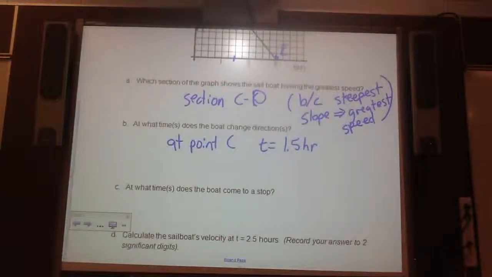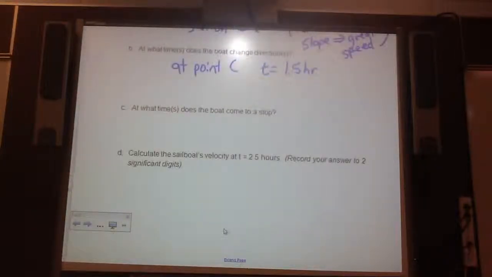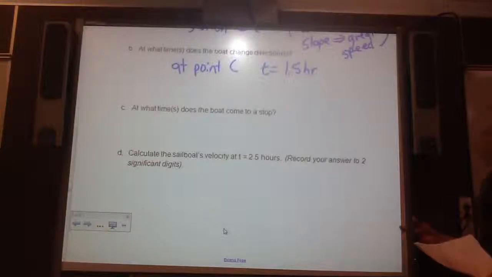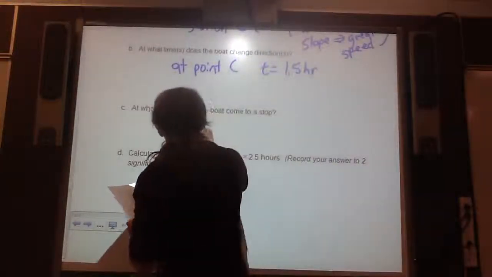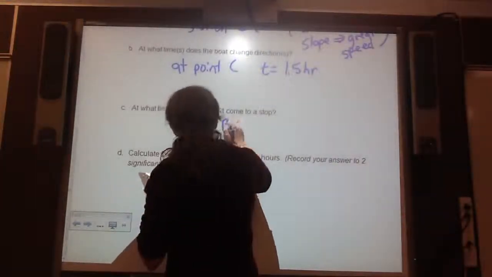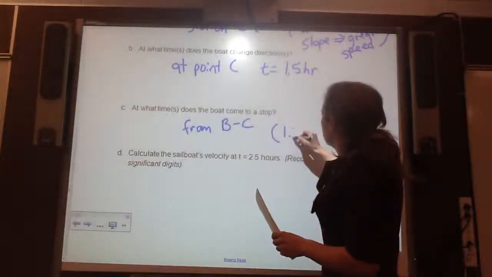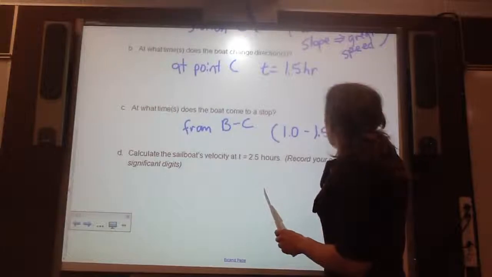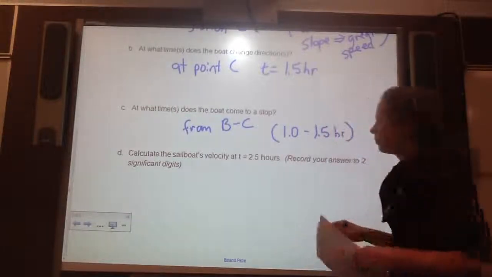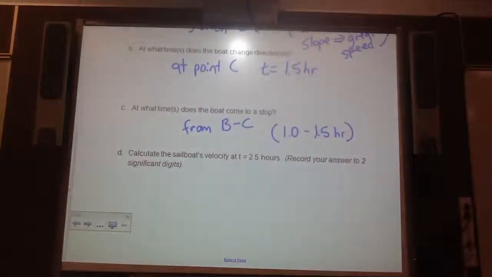At what time does the boat come to a stop? We already identified that from B to C, which is also, you could say, from 1 to 1.5 hours, because that's where the graph is horizontal.